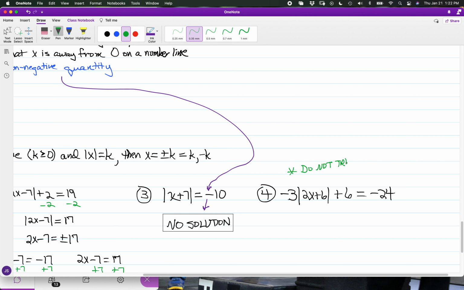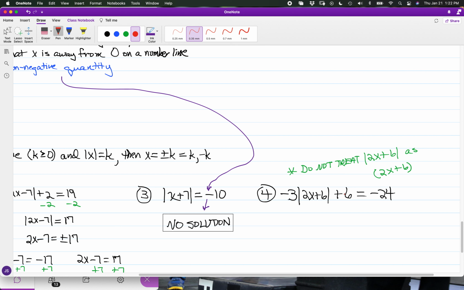I can see why one would be tempted to go ahead and distribute negative 3, but do not treat 2x plus 6 in absolute value bars as you would if you had 2x plus 6 in parentheses. In other words, do not distribute negative 3 in this case.